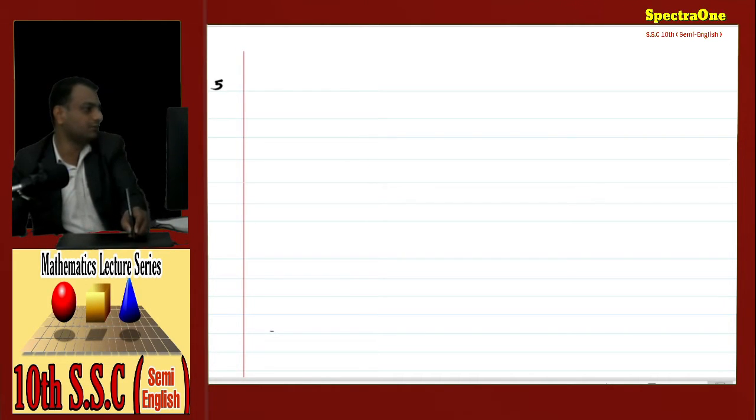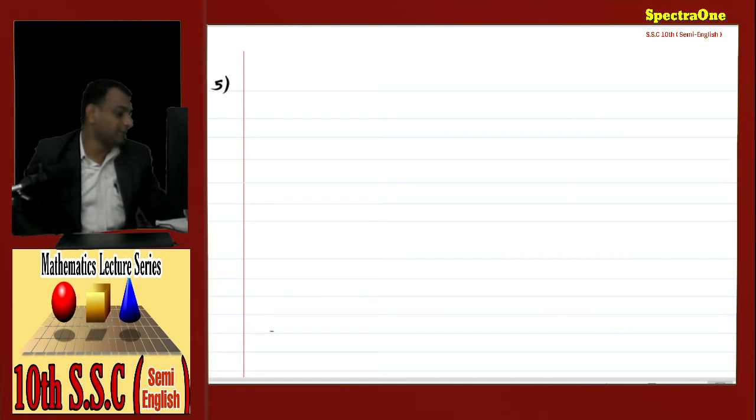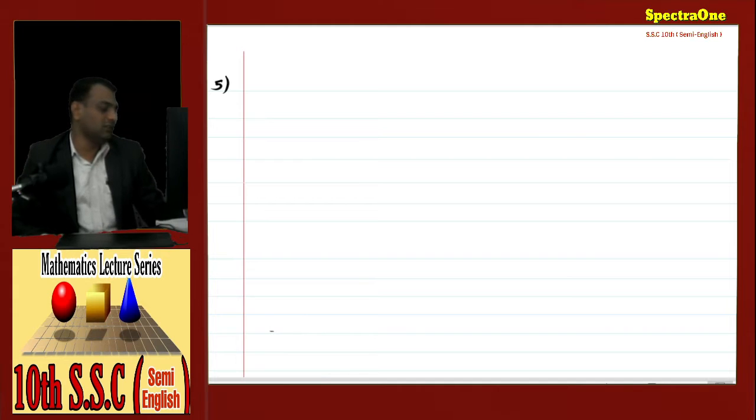Example number 5. In a given trapezium PQRS, side PQ is parallel to side SR. AR is 5 times AP, AS is 5 times AQ. Then prove that SR is equal to 5 times PQ.